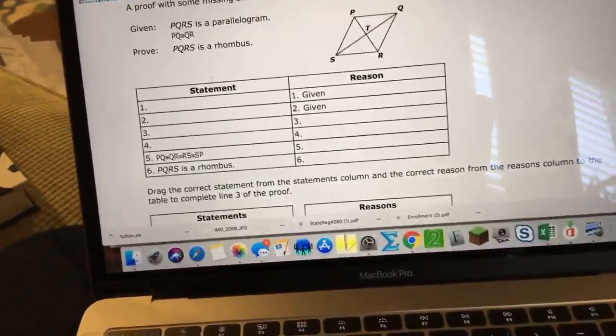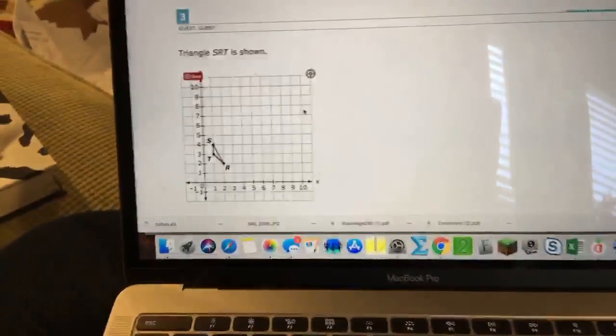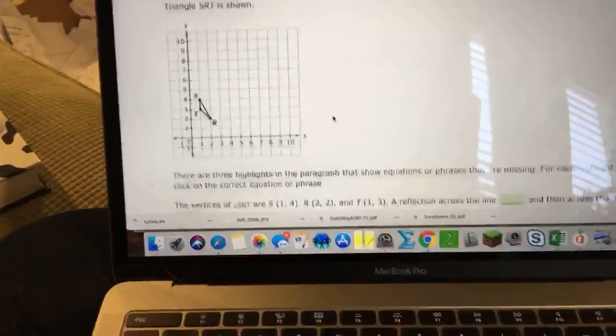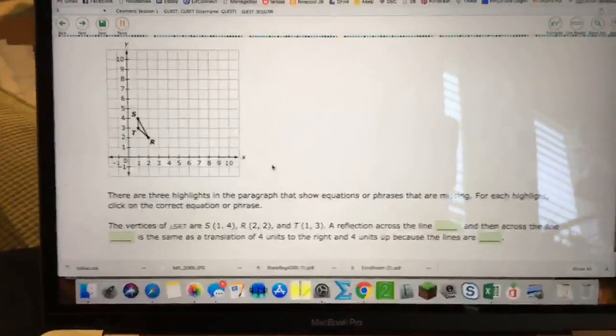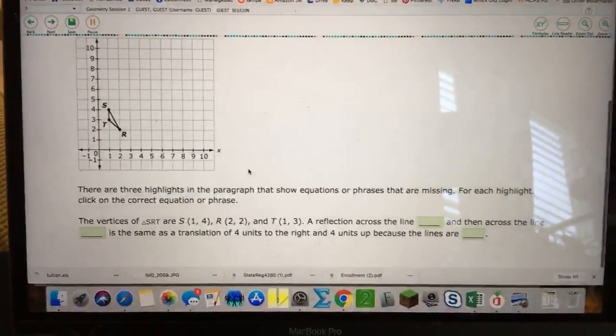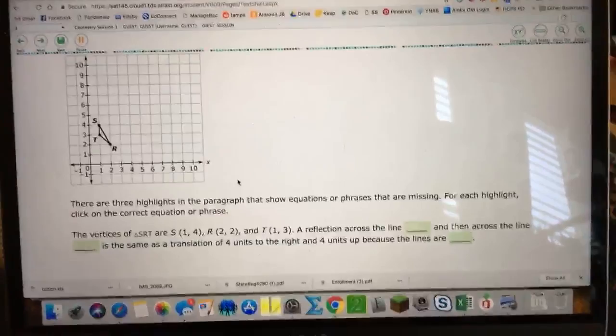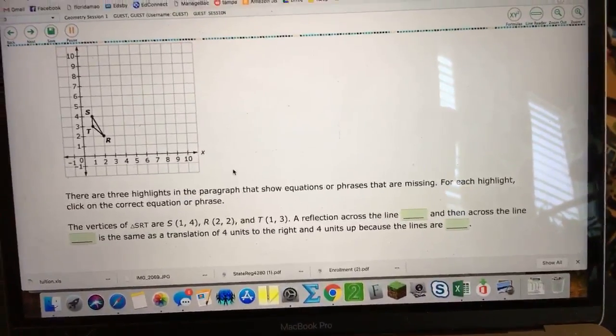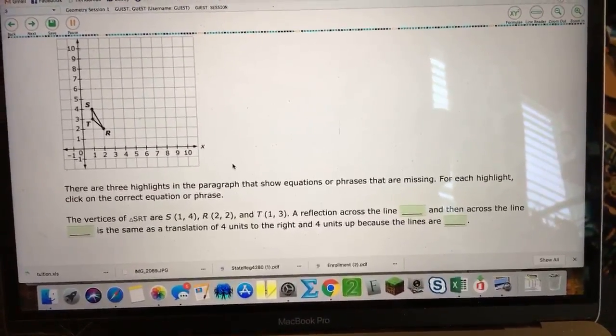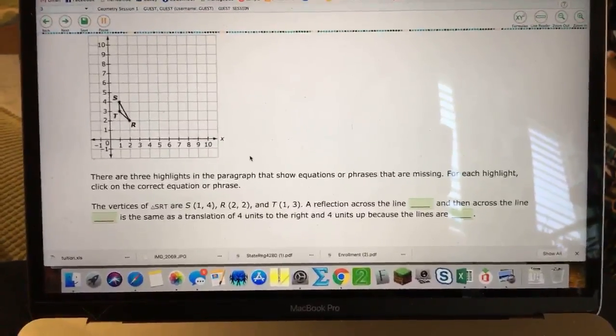Did we do number 3? Oh, okay, we didn't do number 3. All right. There are 3 highlights in the paragraph that show equations or phrases that are missing. For each highlight, click on the correct equation or phrase. All right.